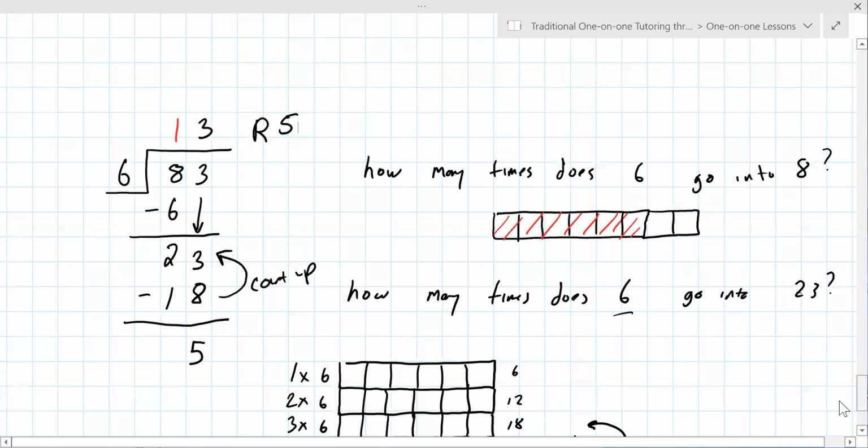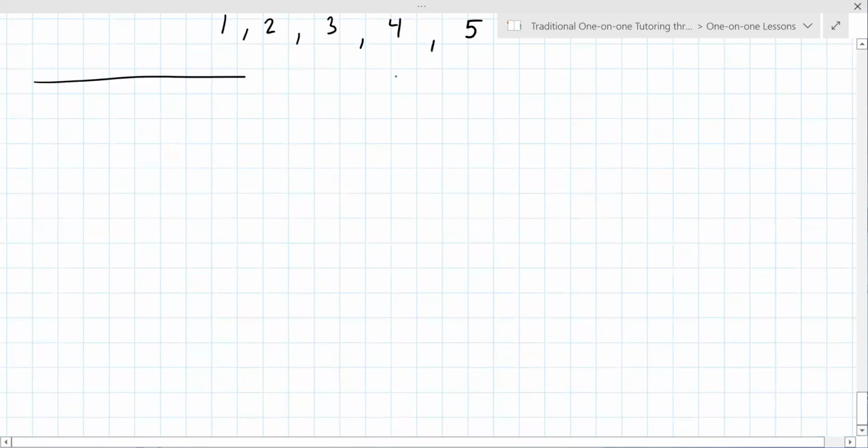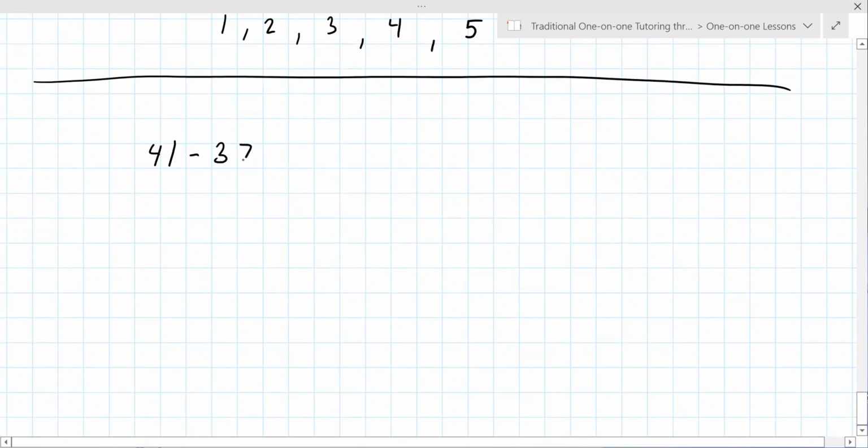Okay, let's try some subtraction problems here. See if we can spend a few minutes on that. Let's go 41 minus 37. Could you try that for me using the counting method we just tried?